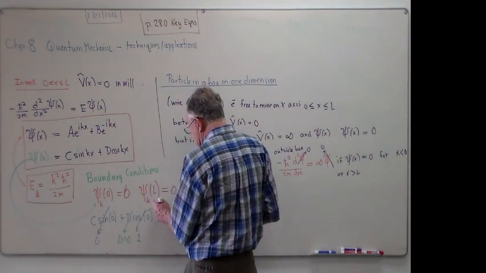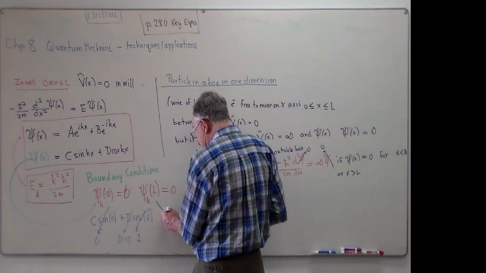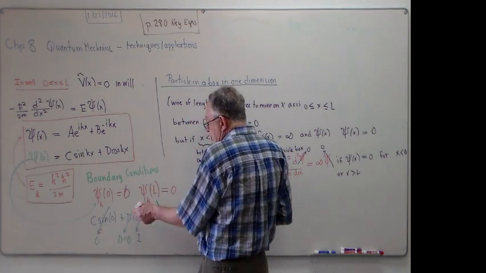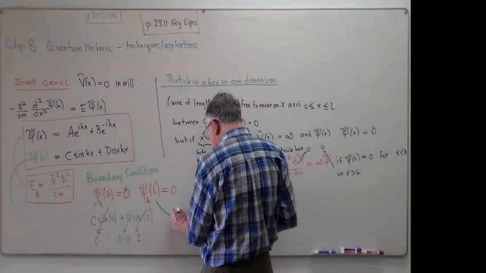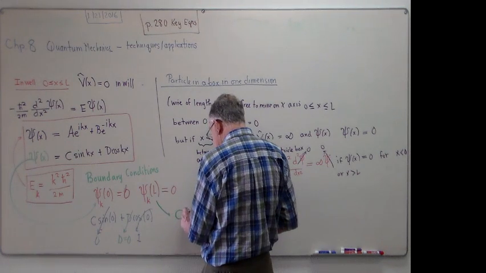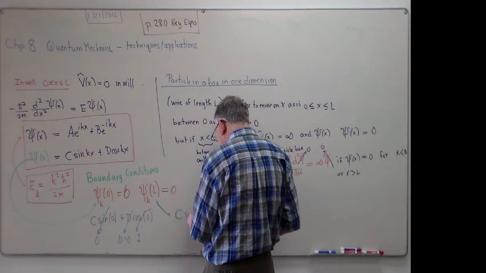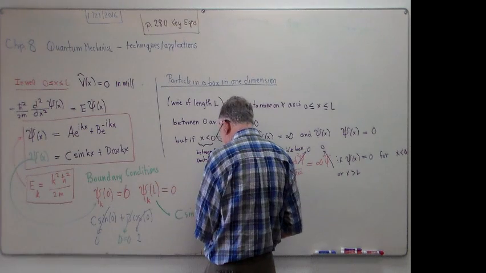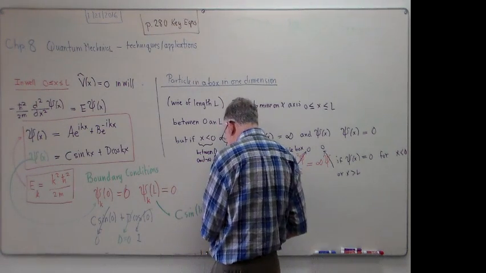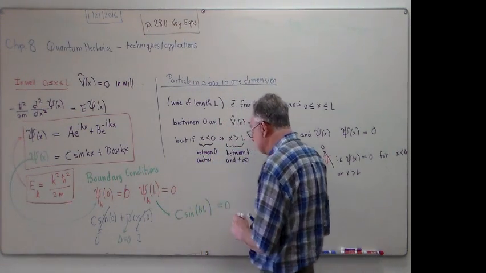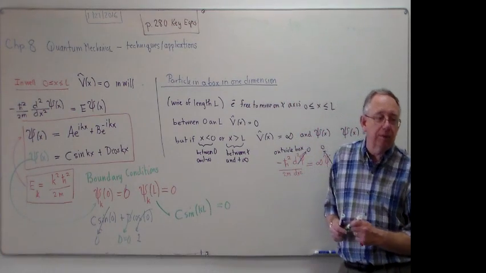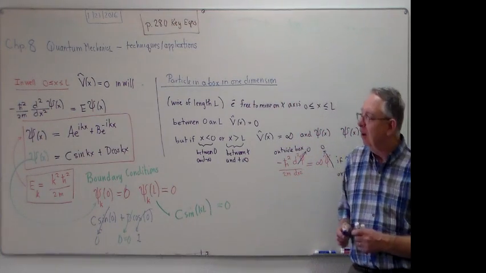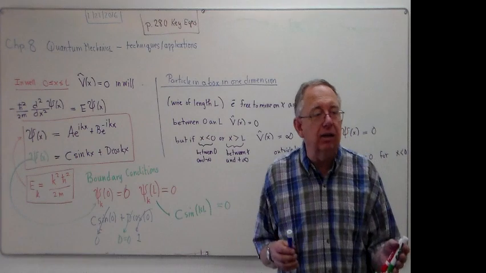What about the L boundary? All we have are sines, so C sine of KL has to equal 0. When is the sine 0?